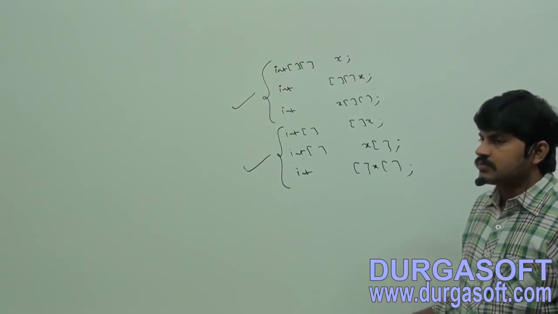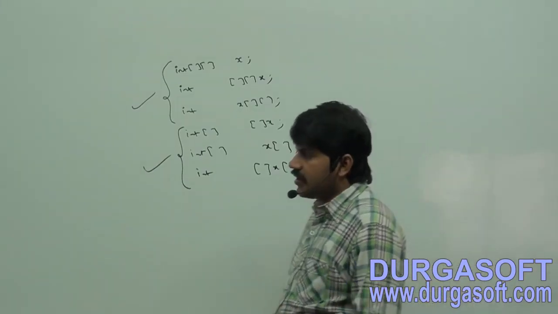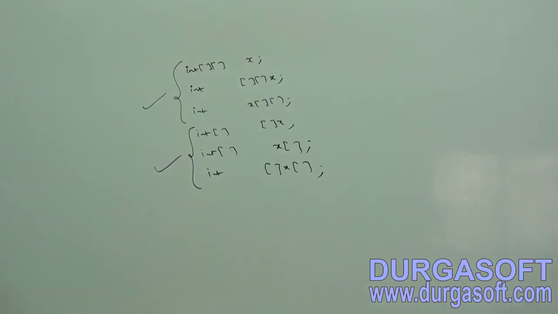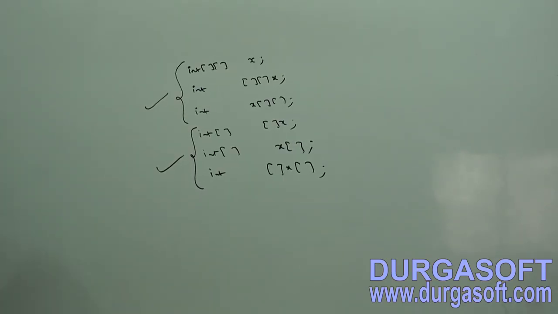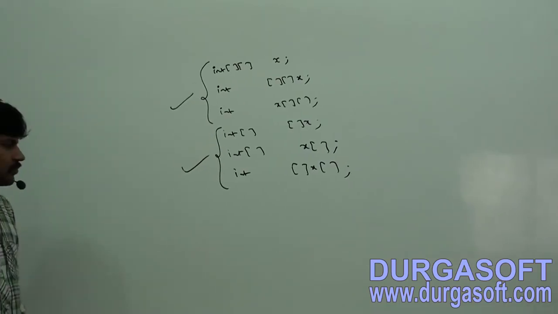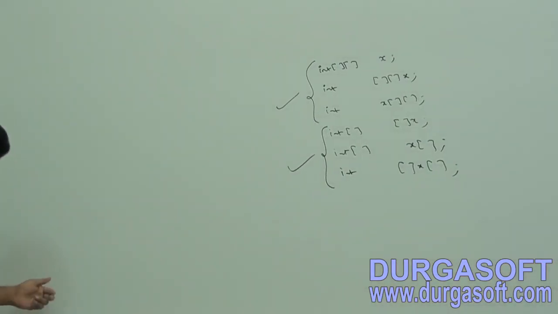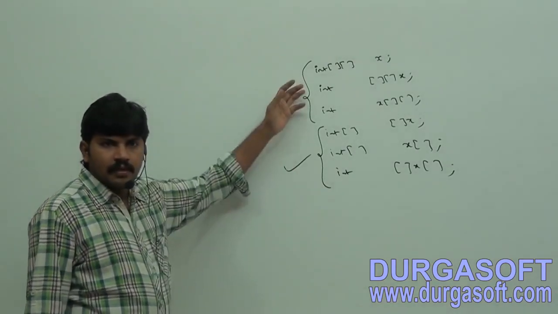Take clearly, int two-dimensional array x. Make sure. Okay, clear for you people.